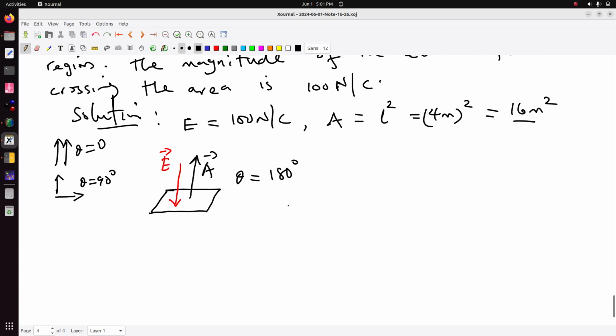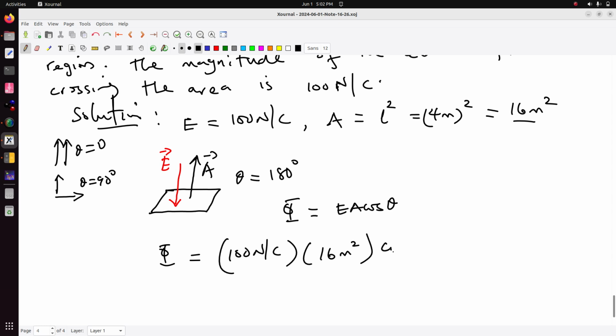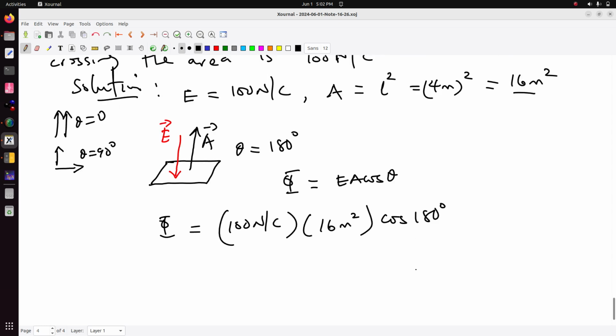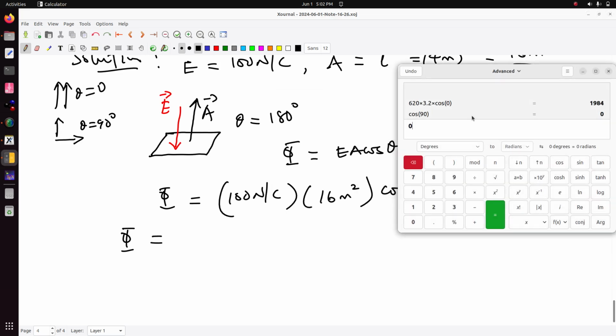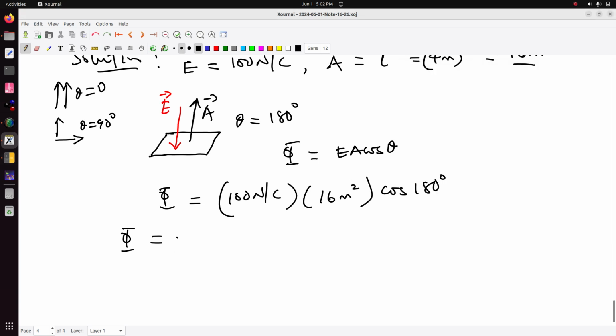So the electric flux is going to be EA cos theta. The electric field is 100 newtons per coulomb, the area is 16 meters squared, and the angle is 180 degrees. So the electric flux will be 100 multiplied by 16 multiplied by cos 180. So we have minus 1,600 Newton meter squared per coulomb.